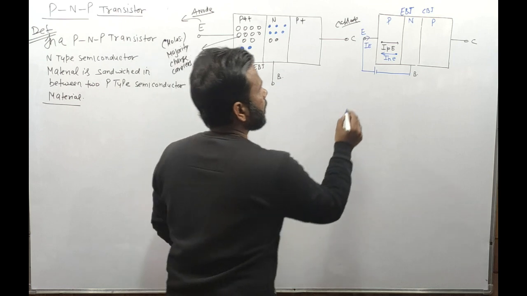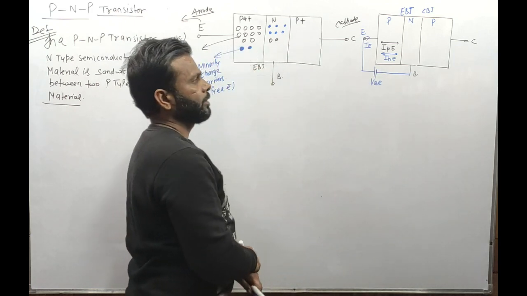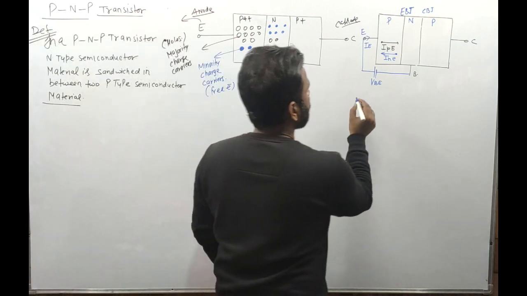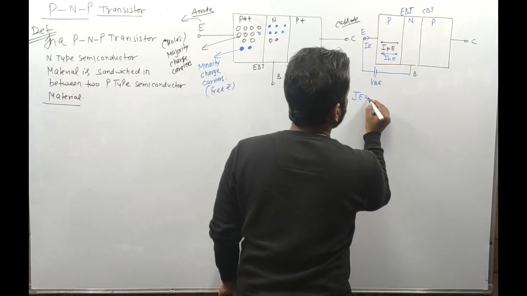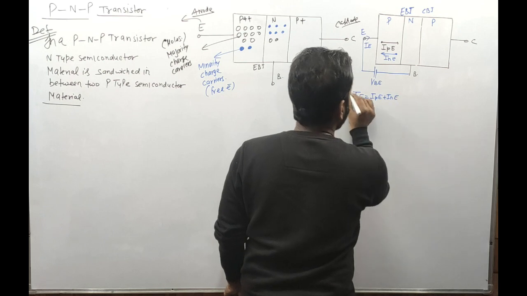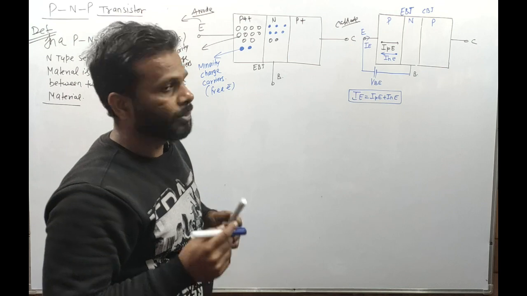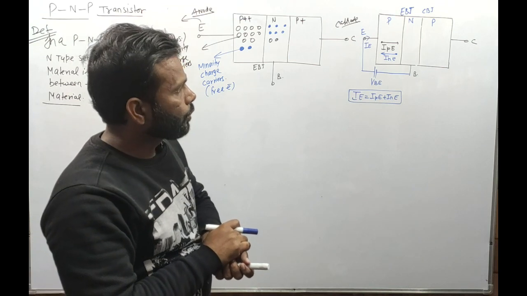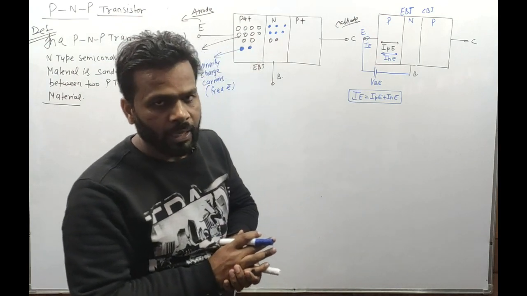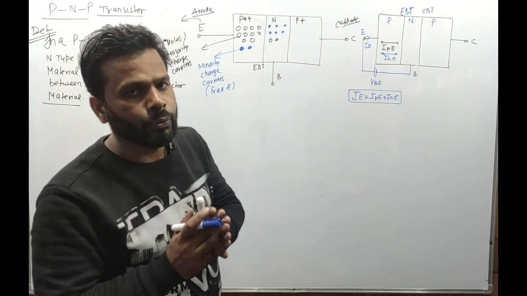So if you write, it is V of BE. Clear here till now? Hope this is making sense. Now this emitter current, the total emitter current IE is what? I of PE plus I of NE. Now we know that the emitter is heavily doped, so the current due to the electrons is very less, and the majority of the emitter current is due to holes.